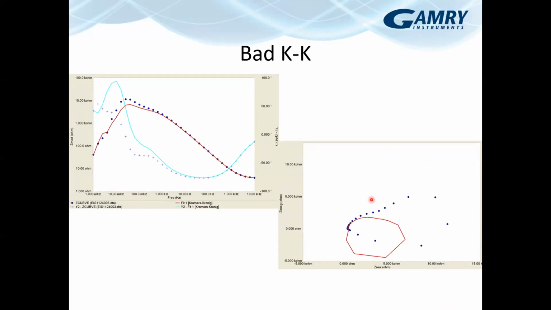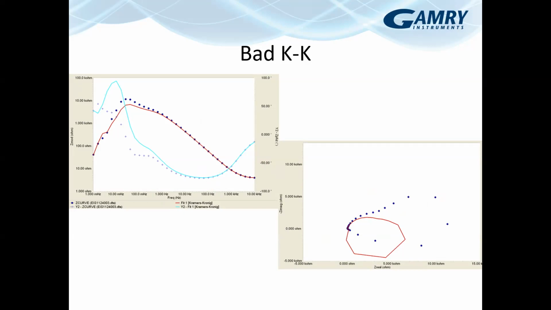And so this is where doing a KK transform can be helpful, even when you have some experience with EIS and some familiarity with the spectra, because a lot of this data here that looked at first glance to be good isn't. It's already failed linearity here. Probably the signal was too large, and it was nonlinear.